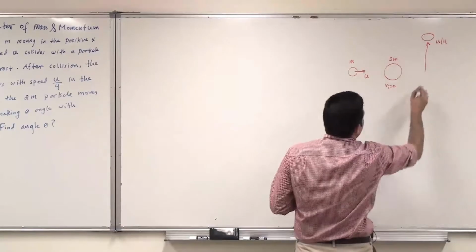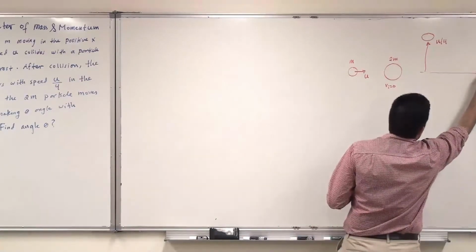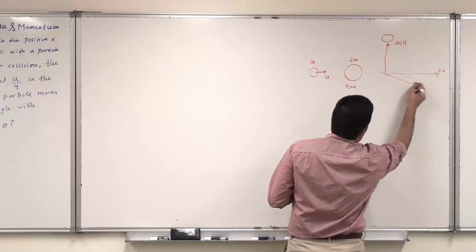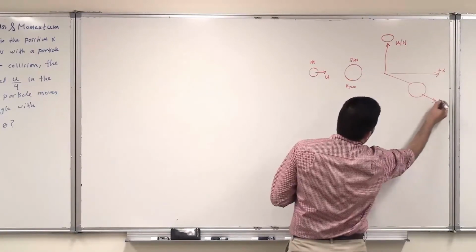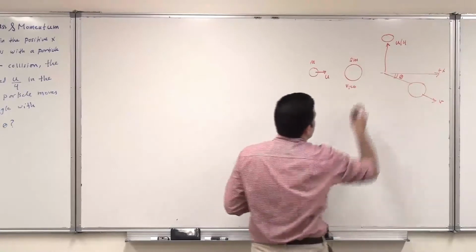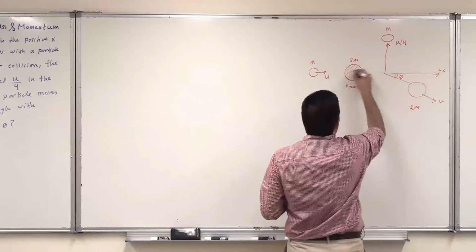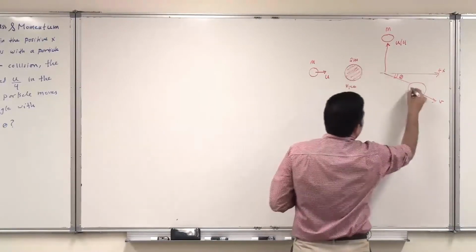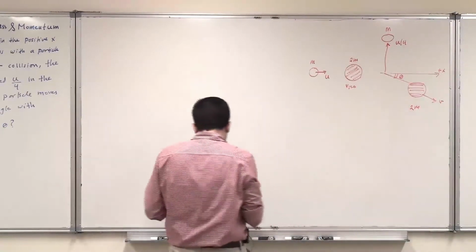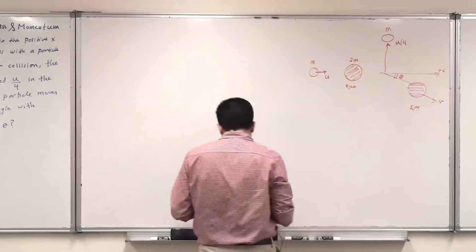This is the smaller mass. While if this is the positive x, then the bigger mass will be moving with this velocity, making an angle theta with the positive x coordinate. So this is basically m, this is basically 2m. To distinguish them further, this is the big mass. Now, find this angle theta with all the information given.